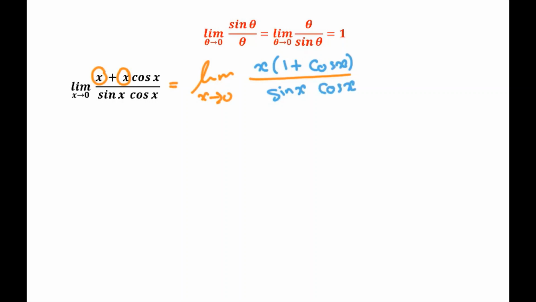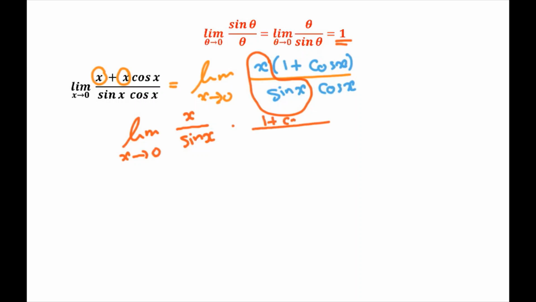Now you can take x over sine x in order to apply the rule. So it's going to be the limit as x approaches 0 of x over sine x, multiplied by 1 plus cosine x over cosine x.